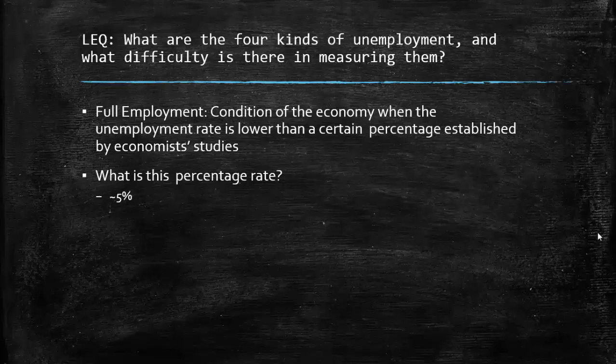So full employment is a condition of the economy when the unemployment rate is lower than a certain percentage established by economist studies. So, in general, when you hear presidents referencing we have full employment, our unemployment is low, the go-to statistic is about 5%. 10% unemployment is horrible. 5% unemployment is considered great.